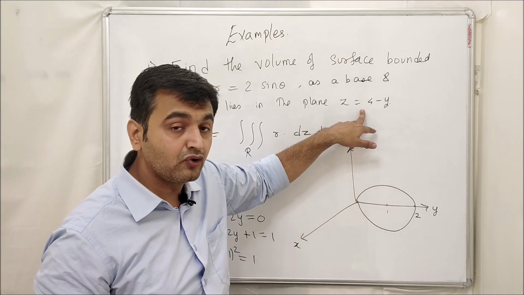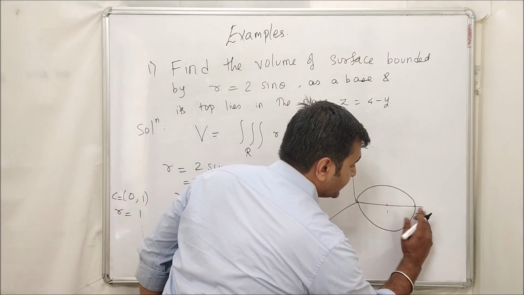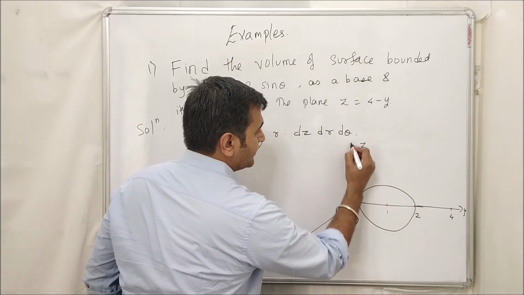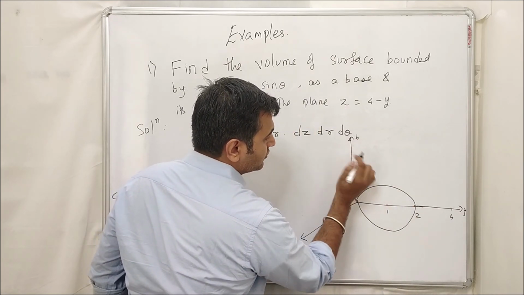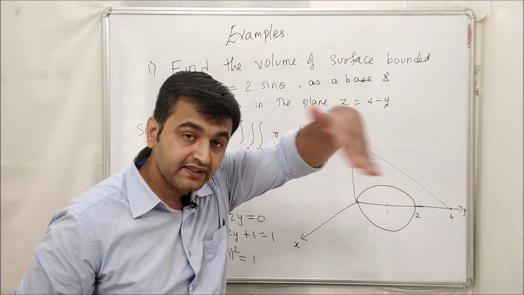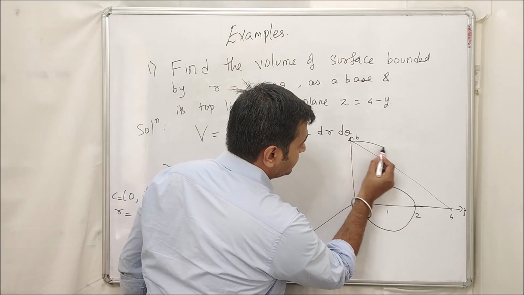So what is z equal to 4 minus y in yz plane? It's a line, right? In yz plane, it's a line passing through 4 and 4. So if this is 4 and here at the top, this is 4. So it's a line like this. And a line becomes a plane in 3-dimensional space.